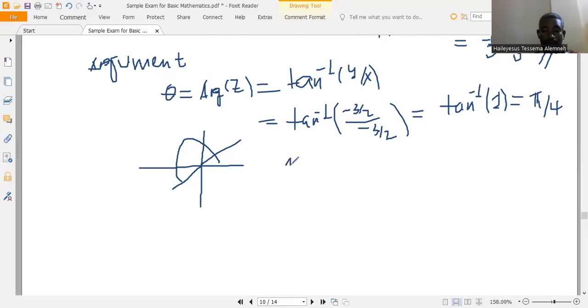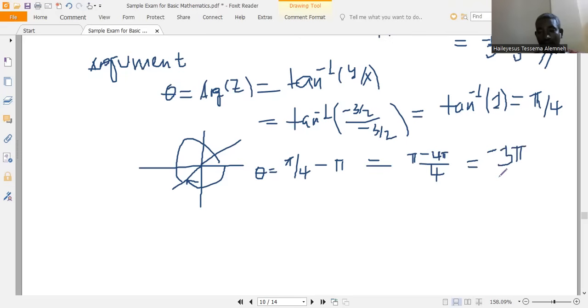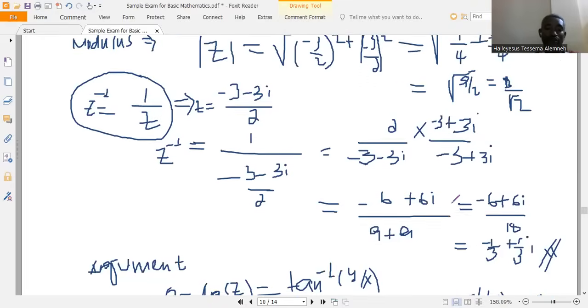Counting on this side, we get pi over 4 minus pi, which is the argument value, so it becomes minus 3 pi over 4. This is the argument of z.